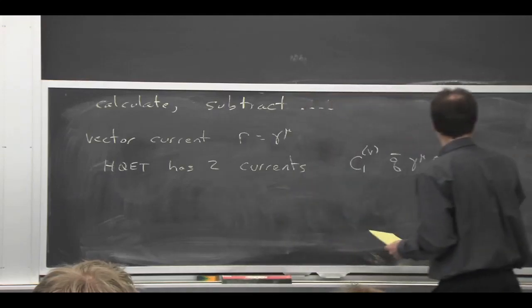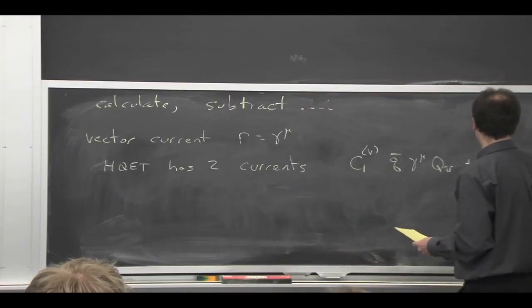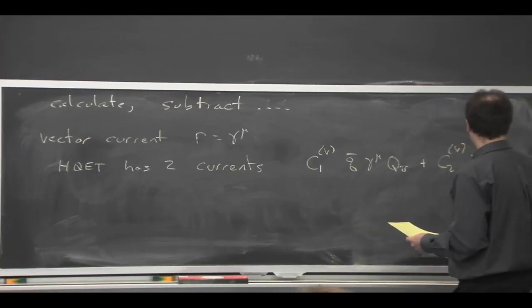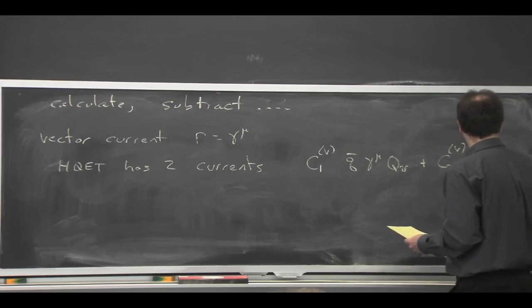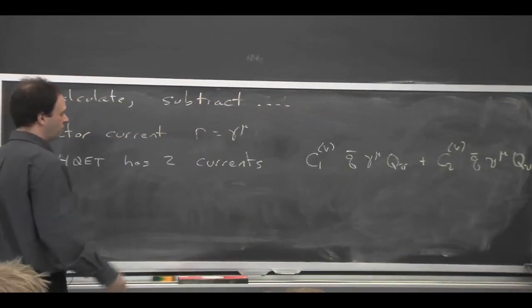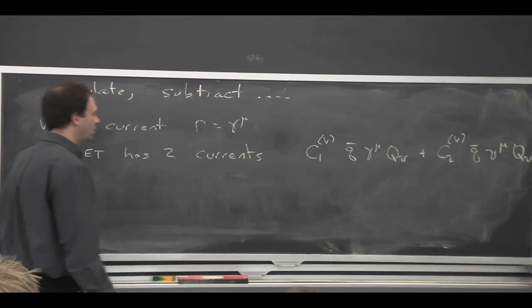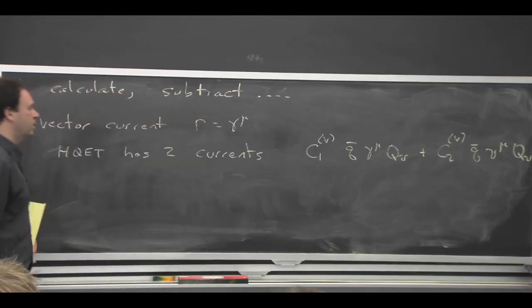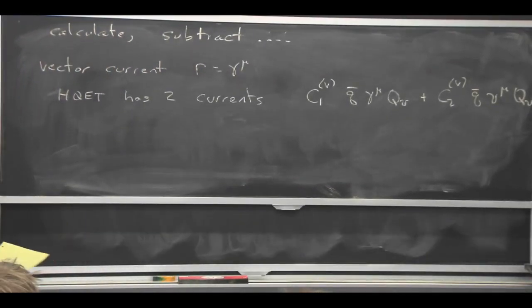The reason that there's two is because we have another vector to play with, which is V mu. So I can have Q bar V mu replacing the gamma mu. So V mu wasn't an external thing in QCD. It was part of the dynamics. Here it's an external thing, so it's allowed to replace gamma mu as one of the structures.